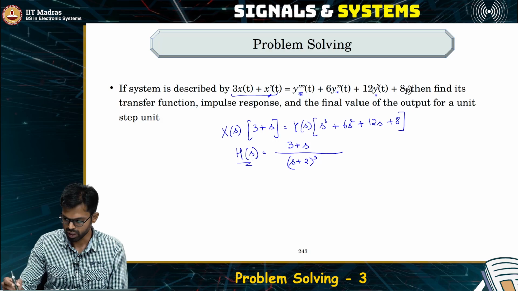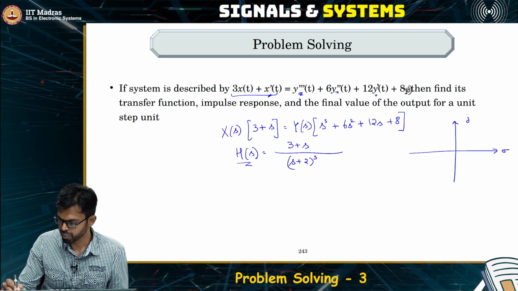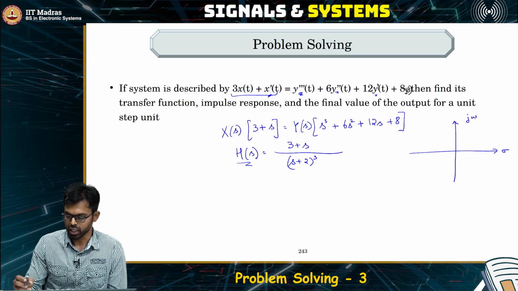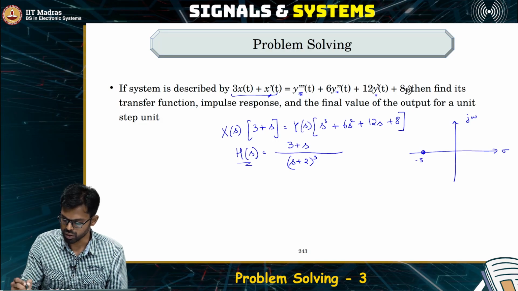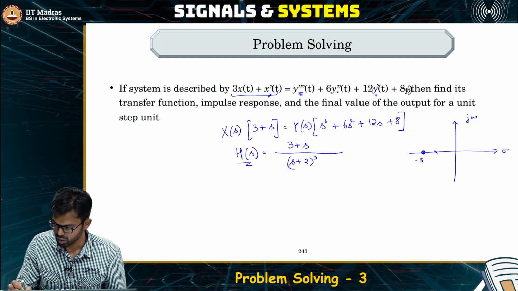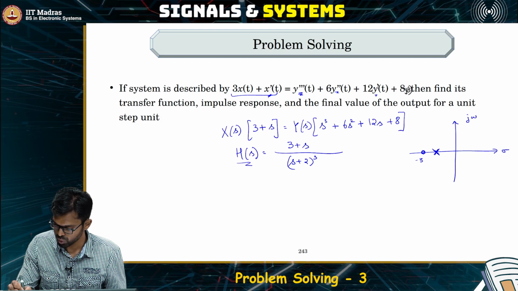So, from this we can find the pole zero plot. So, the pole zero plot. How many zeros do we have? We have only one zero, and that is at minus 3. So, at minus 3 we have a zero, and at minus 2 we have 3 poles. So, 1, 2 and 3.